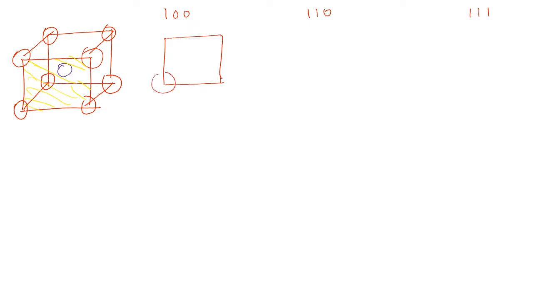The atoms at the 100 plane are these. In total, how many atoms are there? We have four atoms, and each atom is shared between four unit cells, so only 1/4 of each atom is present inside the plane.